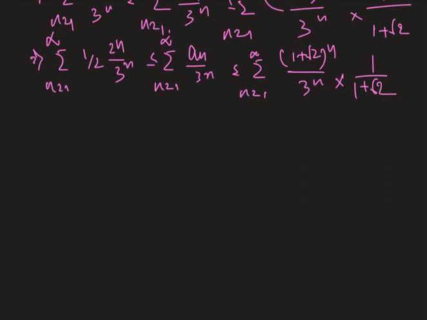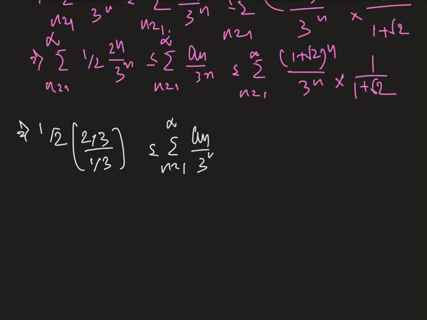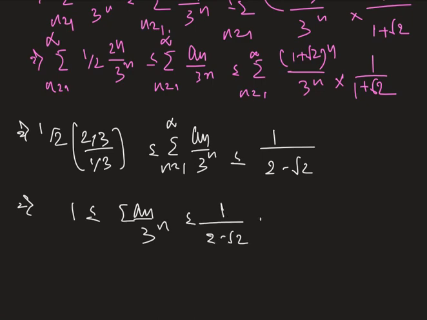Now from this step, if we use the infinite GP series formula, we get (2/3) divided by (1/3) is less than or equal to the sum over n equals 1 to infinity of a_n divided by 3 to the power n, which is less than or equal to 1 by 2 minus root 2. Therefore we get 1 is less than or equal to the sum of a_n divided by 3 to the power n, which is less than or equal to 1 by 2 minus root 2, which is less than 2.